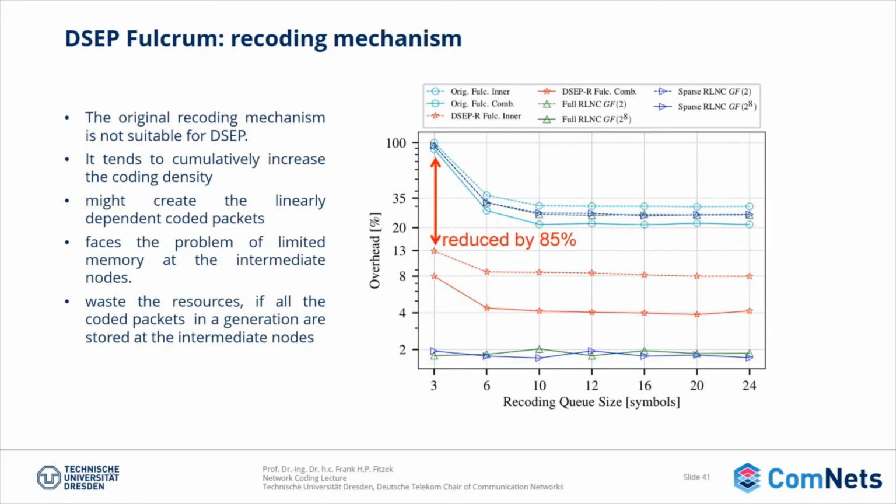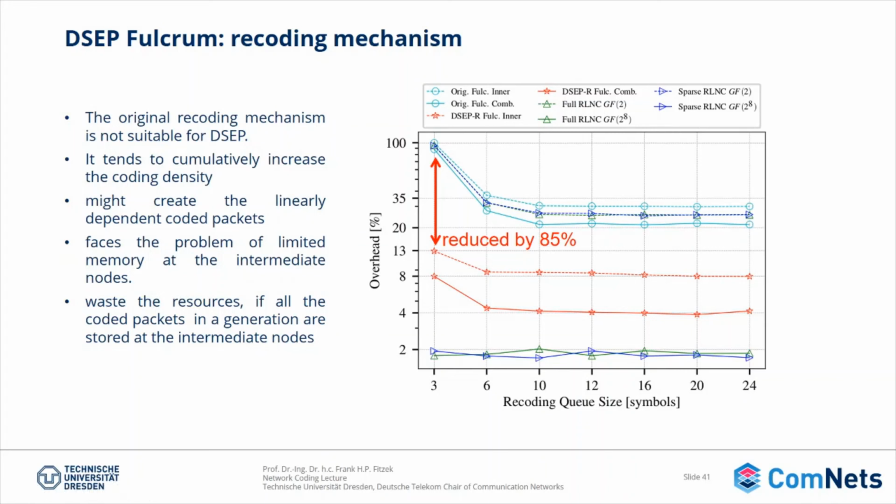We can easily see this issue in this figure. The overhead here is defined as the ratio between the number of linearly dependent packets and the original packets. The overhead is reduced much when we increase the queue size at the recoder. The queue size at the recoder here also means the number of coded packets we will recombine together.